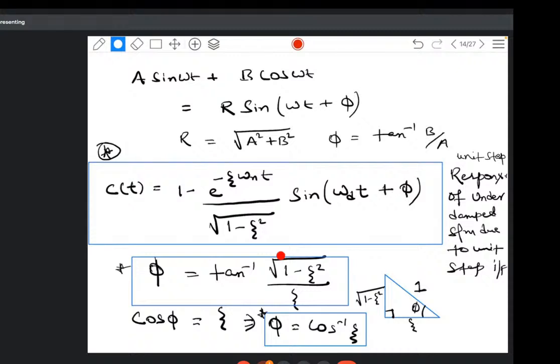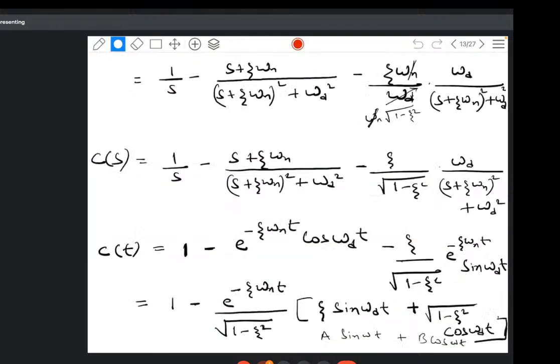Whatever book you are having, the derivation will be there. If you cannot understand the derivation, tell me, I'll explain it again tomorrow. But derivation is not required for GATE or any MCQ exams. Is that clear?